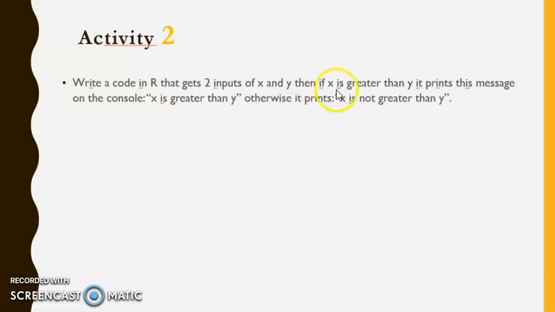And if x is greater than y, it prints this message on the console, x is greater than y. Otherwise, it prints x is not greater than y. In fact, it is making activity 1 code more sophisticated, and you just need to do some changes on the code you made on activity 1.